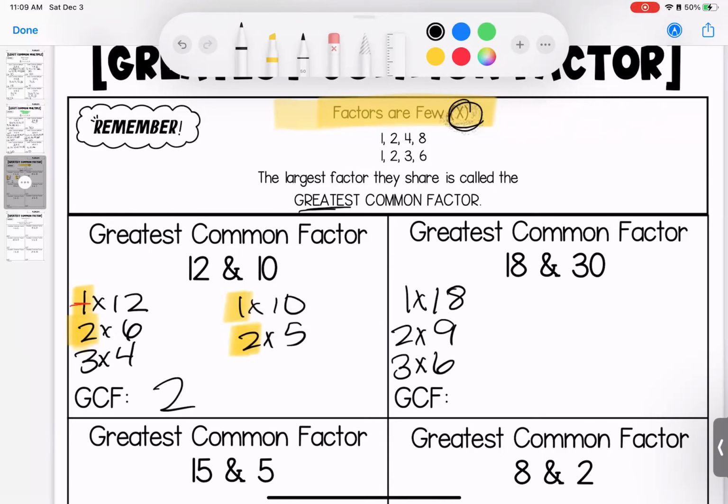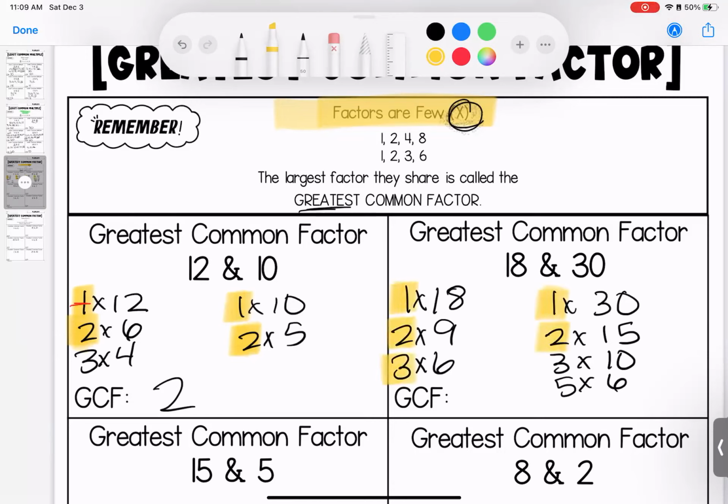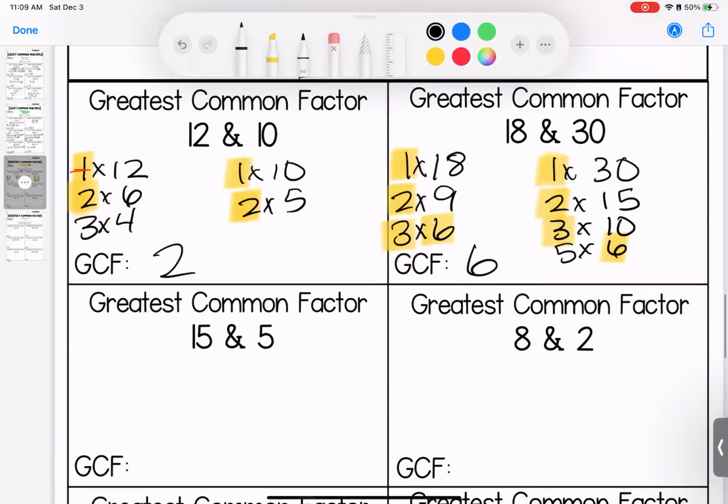If I'm thinking of the factors of 30, I have 1 times 30, 2 times 15, 3 times 10, 5 times 6. Looking for what we have in common. We both have a 1, we both have a 2, a 3, a 6. That's our last one. So for this one, the greatest common factor is going to be 6.